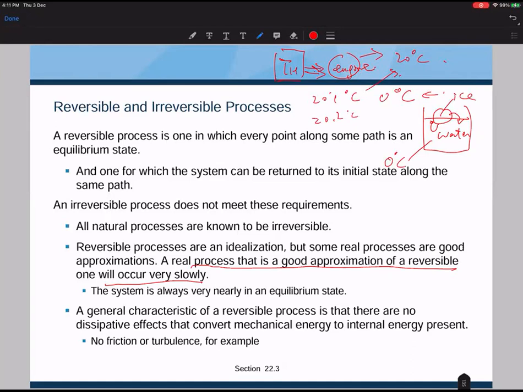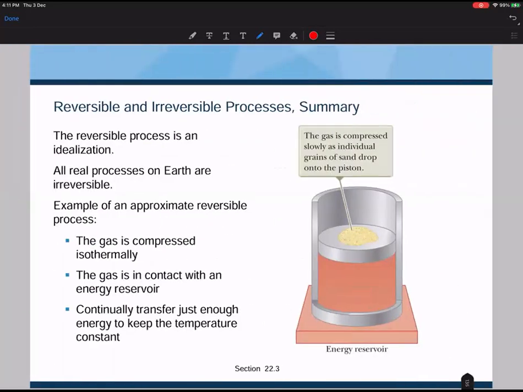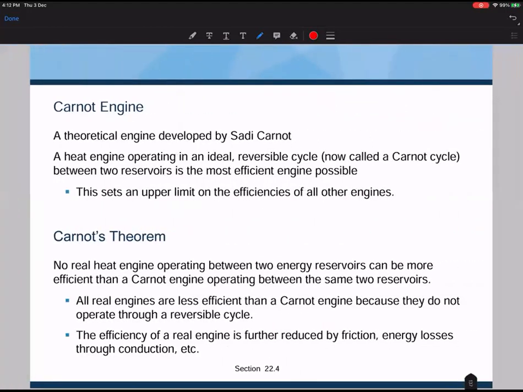And only when you have a reversible process, then you could have a better chance of conserving some energy. So I'm not going into details here.